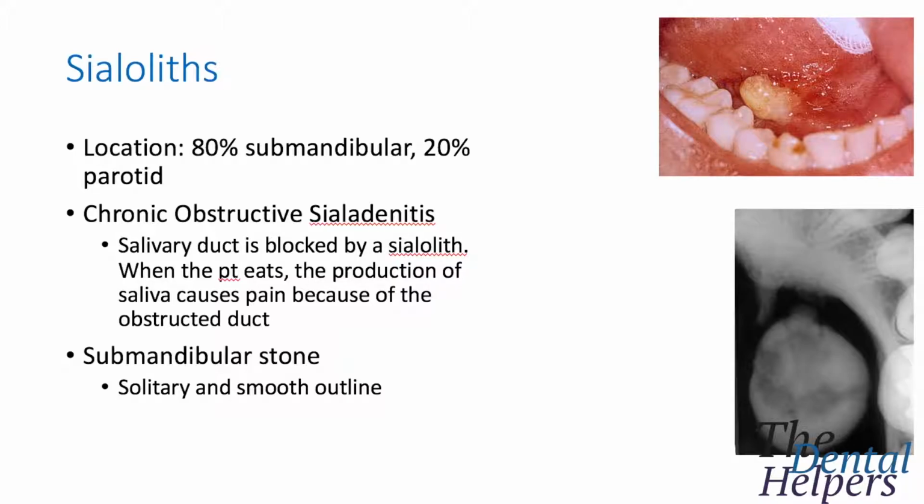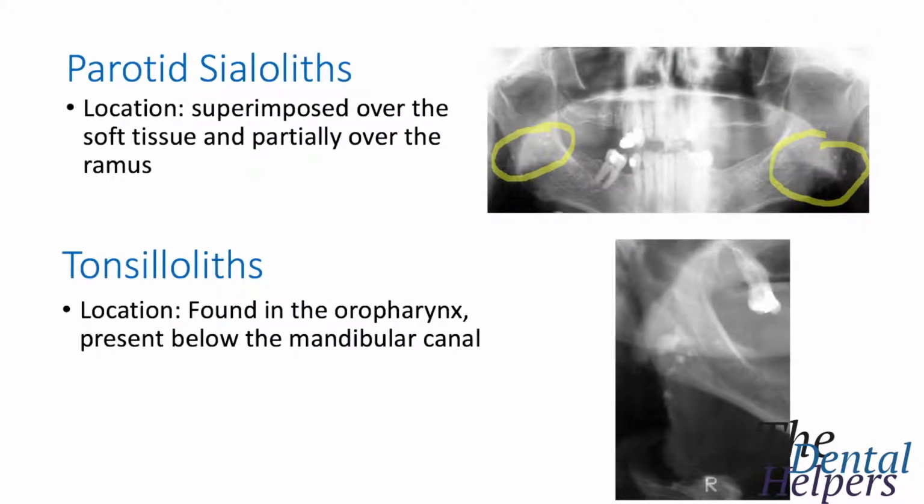You can have a submandibular stone, which is solitary and has a smooth outline, and that's kind of what's pictured right here. You can have parotid sialoliths versus tonsilliths, and I found this very confusing, so I'm going to try and simplify it.